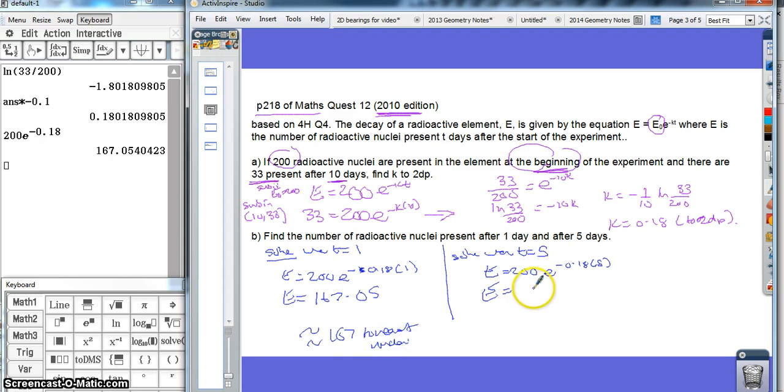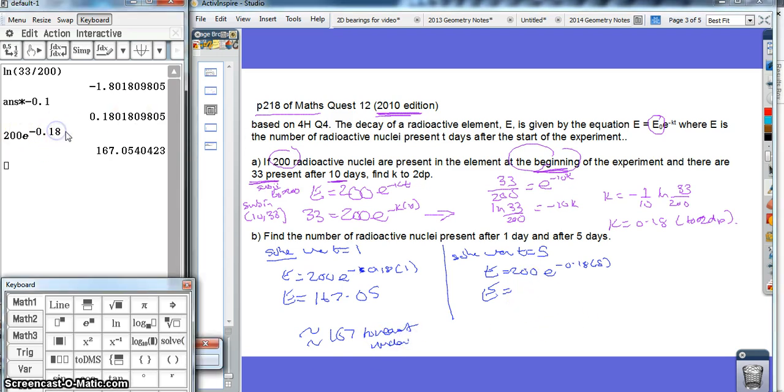And here we'll just change that, so it's going to be 0.18 times 5. Oh, no, now you noticed what happened there, I timesed the whole thing by 5. So I wanted that times 5. That's better. 81.31.